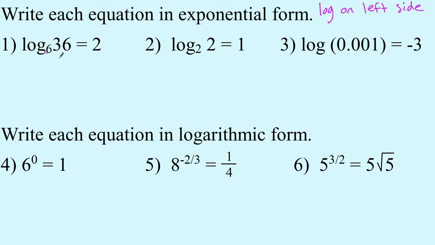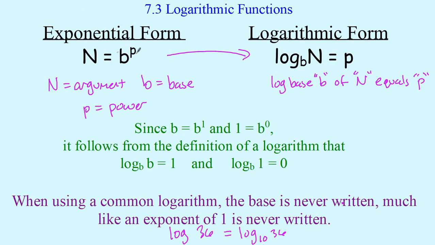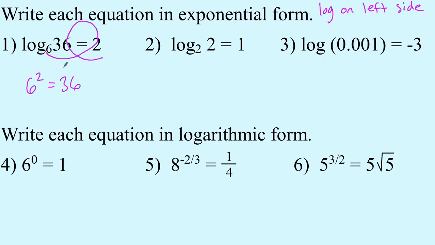I hit the base, the power, then the argument. Ooh, I said that wrong. So you do a little loop-de-loop. We hit the 6 first, then we hit the 2, then it equals 36. Because remember, exponential form is something to a power. So we do a loop-de-loop to do that.